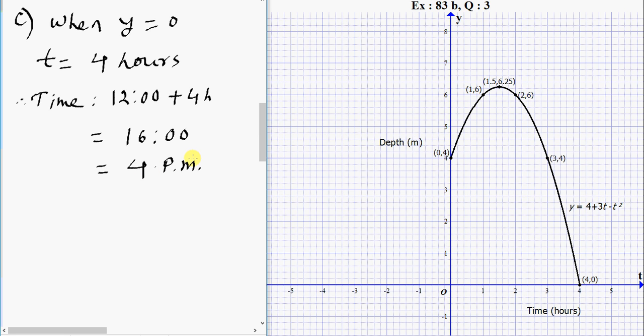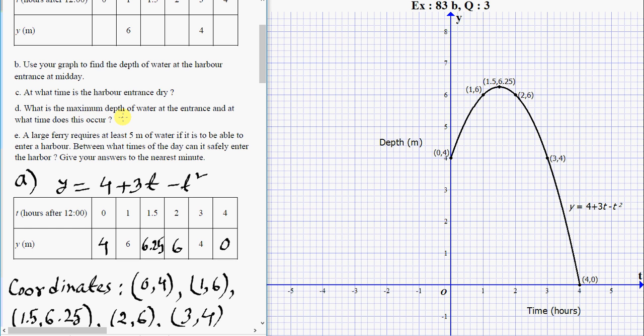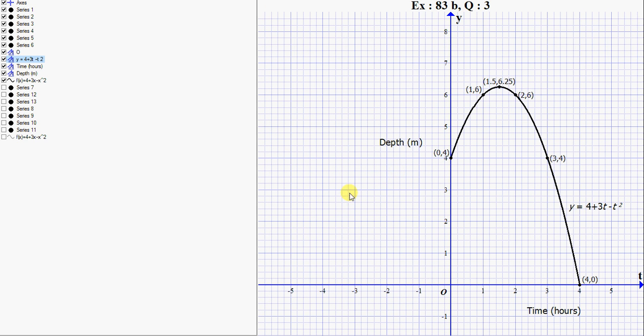Now question number D. What is the maximum depth of water at the entrance and at what time does this occur? So we have to find the maximum depth. Maximum depth is here, is the maximum point, and we have to find the time also. So to get the maximum point, from this point we have to draw a line parallel to x-axis and another line parallel to y-axis.